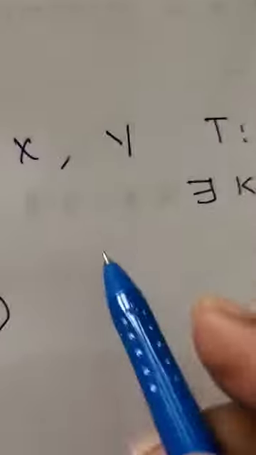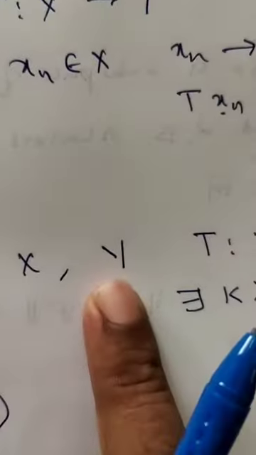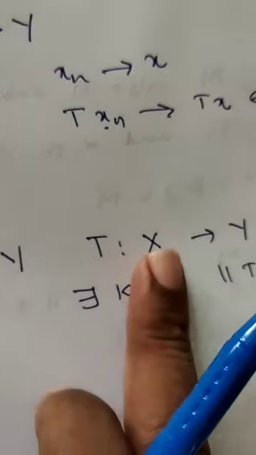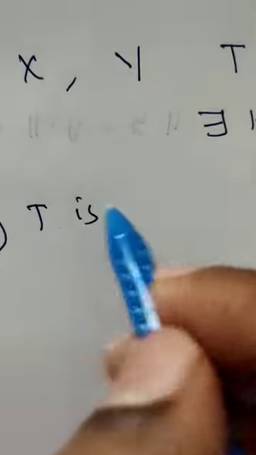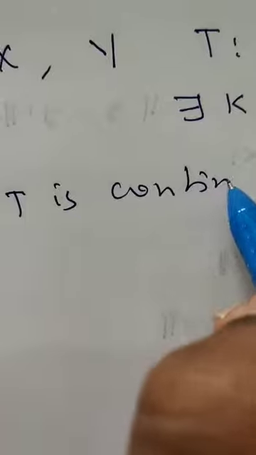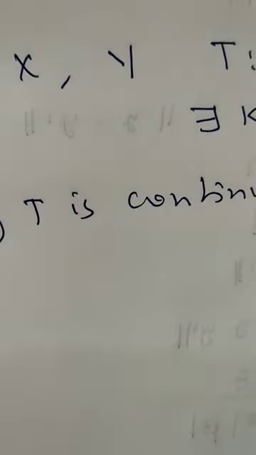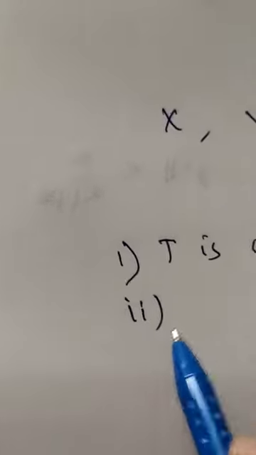The statements look like this. First one is T is continuous. Second one is T is continuous at the origin.